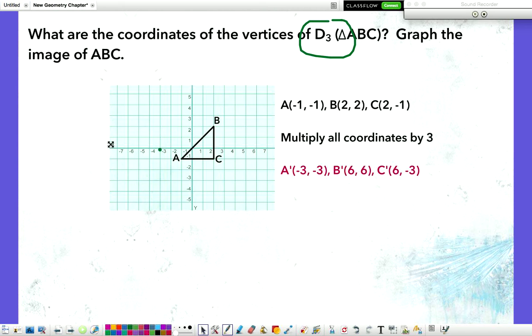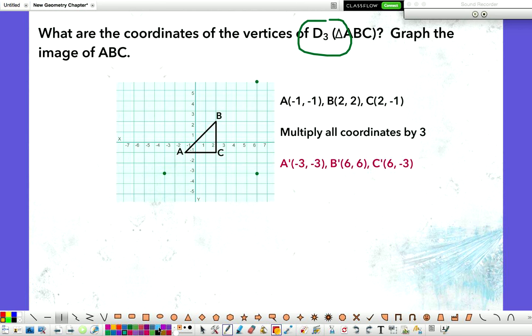So we have -3, -3. 6, 6: 1, 2, 3, 4, 5, 6 is way up here. And 6, -3. So I've got that, that.